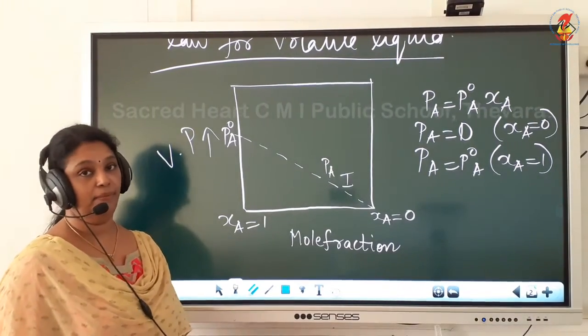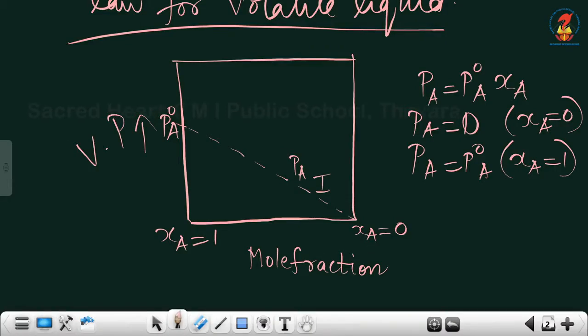And this is the line for the partial variation of vapor pressure PA with mole fraction for solvent A. That is line 1. Now suppose we have here the solute B. Now in the beginning XB will be equal to 0. Mole fraction of solute is 0. Now the solute will become vaporized and vapor pressure increases, reaches a maximum, and here we have the maximum value of vapor pressure as P naught B, where the mole fraction is equal to 1.